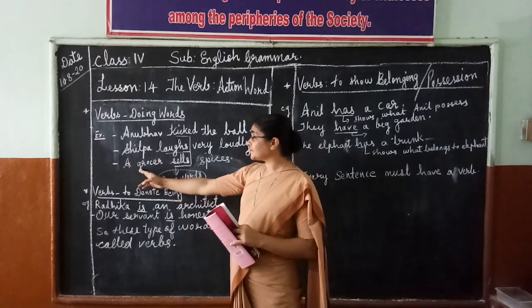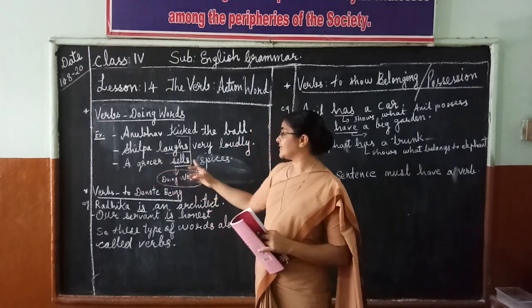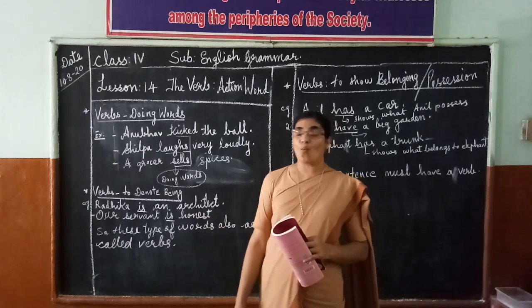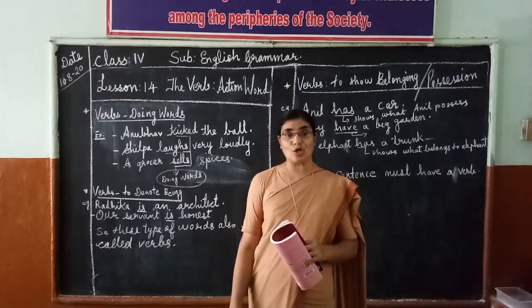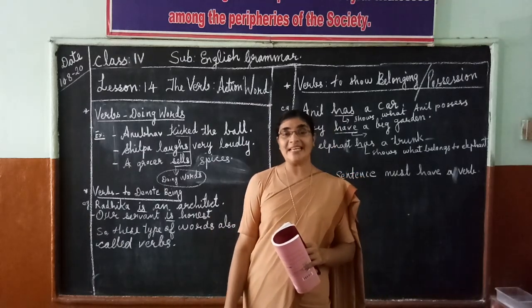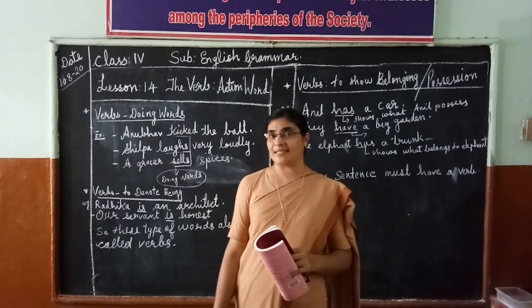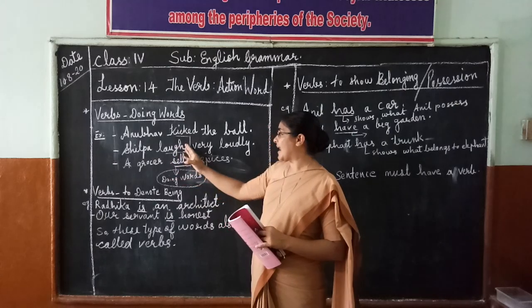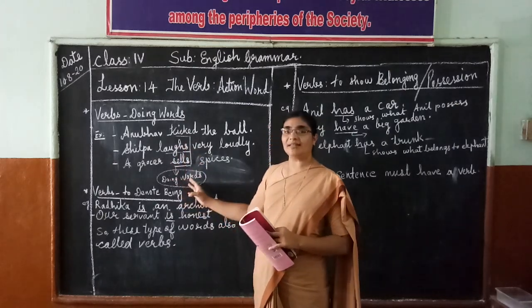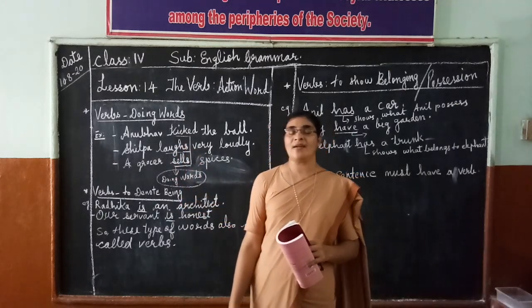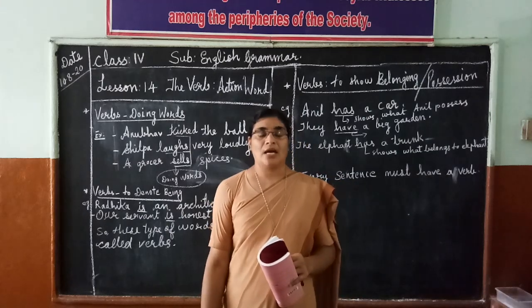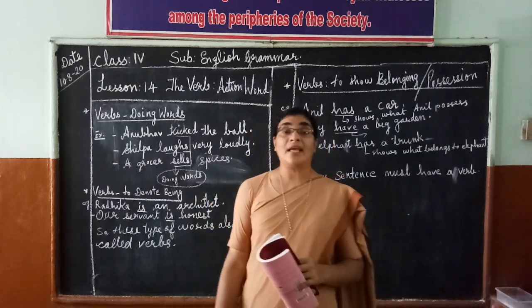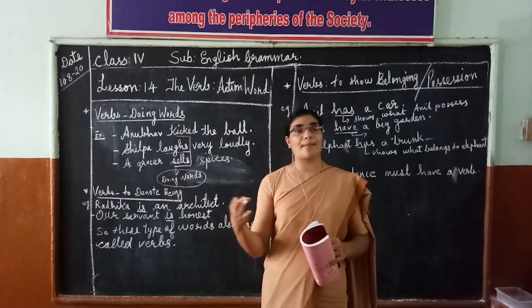Then we have, a grocer sells spices. What does the grocer do? He sells spices. All these words like kicked, laughs, sells are known as doing words. Another example, the peon rings the bell.